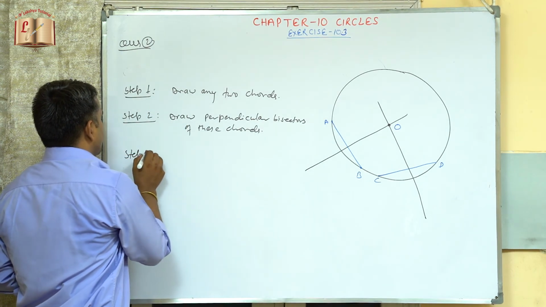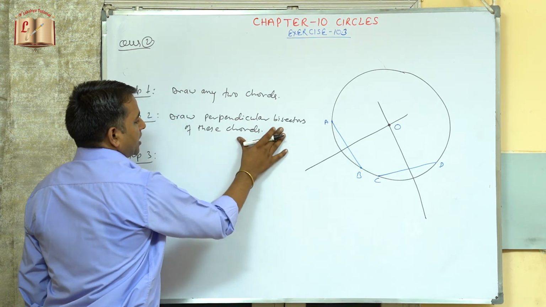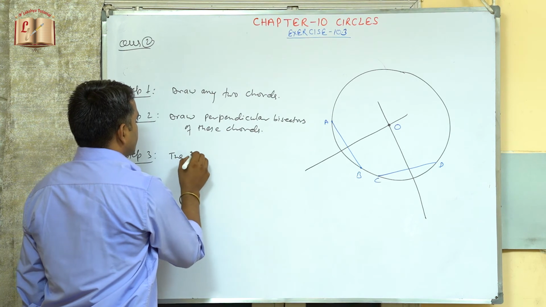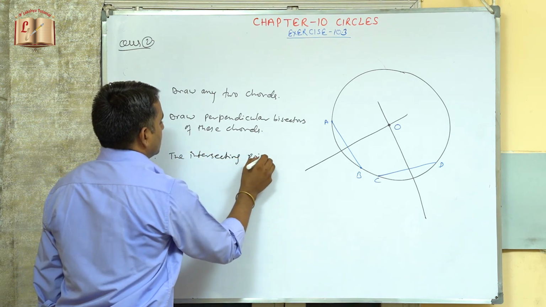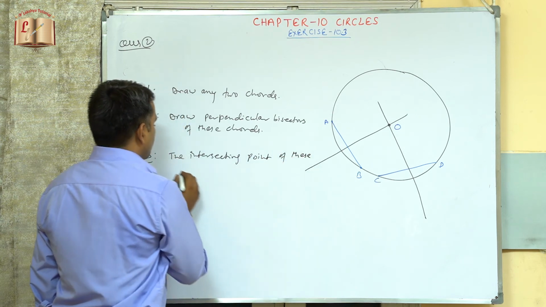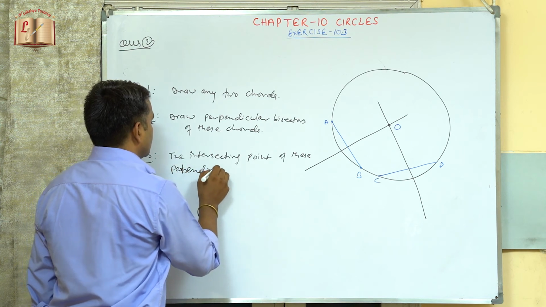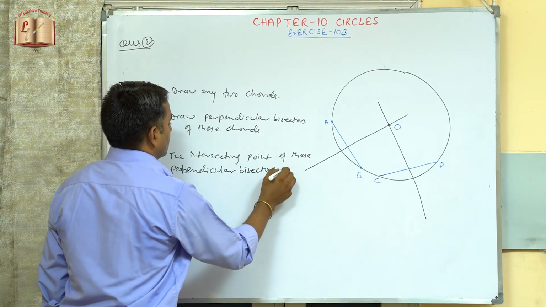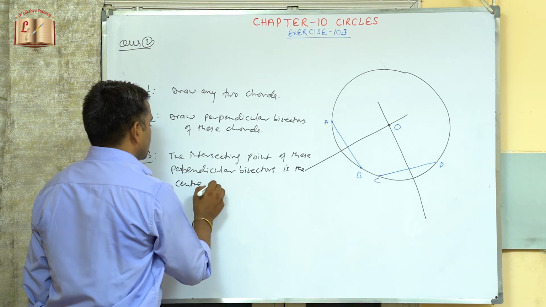So what is step 3? Now the perpendicular bisector comes in step 2. Now the intersecting point of these perpendicular bisectors is the center of the circle.